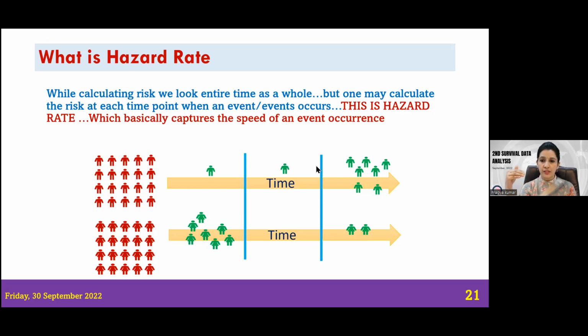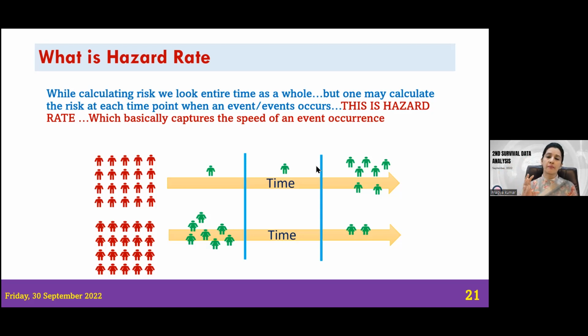Here it is almost the same concept, but there the calculation of odds was very easy. In a 2 by 2 table, you just used to take A by B, so we can do that manually. But the hazard rate is a complex mathematical formula, and you cannot calculate it just by seeing the table, because it involves calculus.